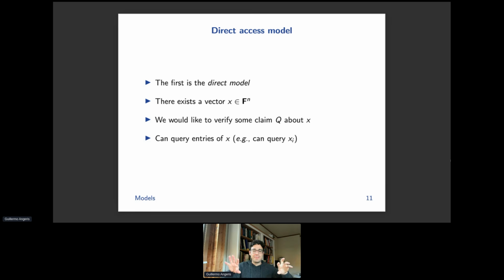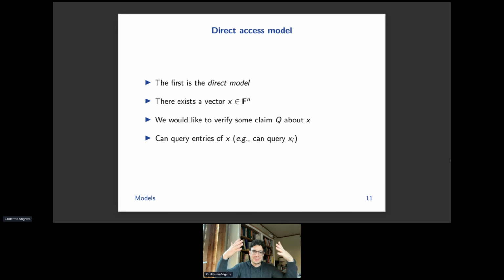But because the hard drive is this passive thing that exists, the person who is telling you that you should verify this claim cannot adaptively respond to your questions. In some sense, this model says I have a thing that's out there and the responses happen. So when I query x, I'm actually querying x. I'm not querying some party out there that is attempting to fool me in some smart way.